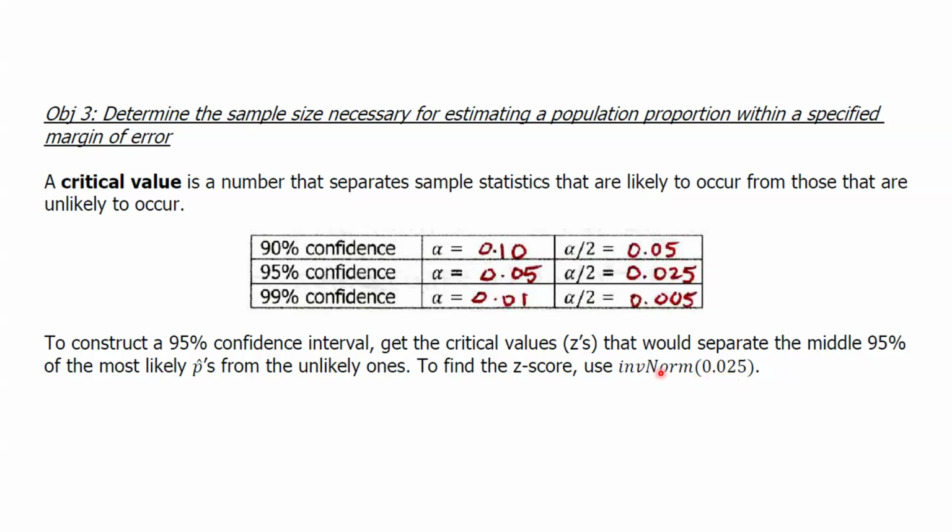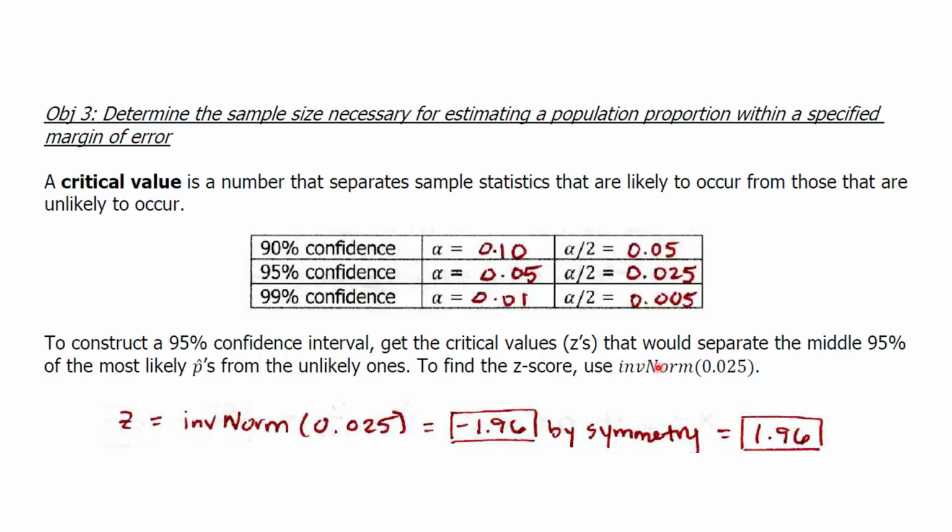When we take the inverse norm of 0.025, we're going to get negative 1.96. And then by symmetry, due to the normal distribution where your mean is 0, 1.96 would be the other z-score that will separate the middle 95% from the two tails on both sides that total a 0.05 area.